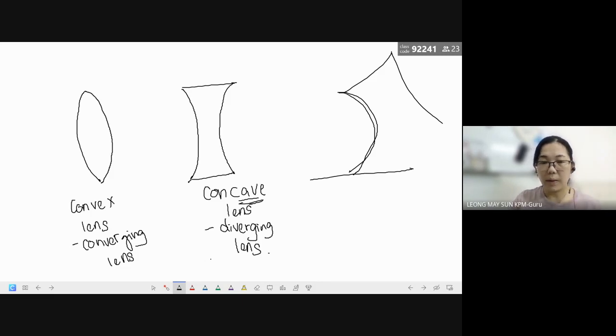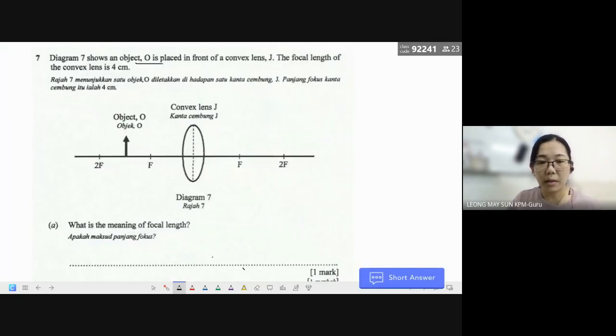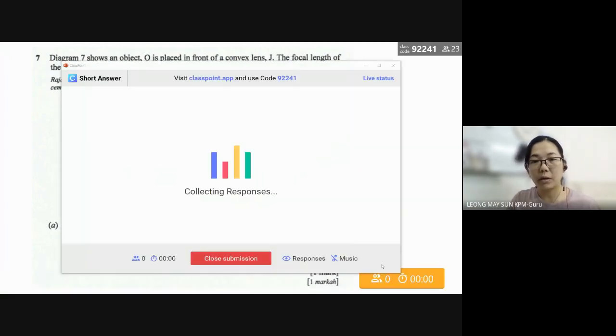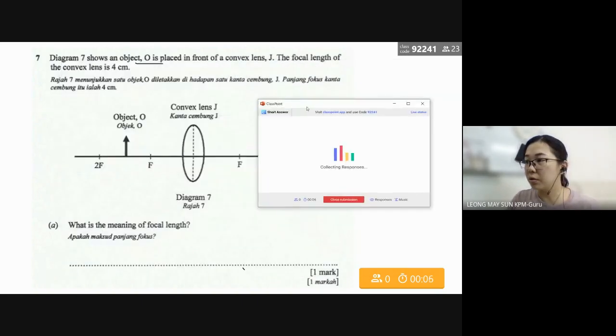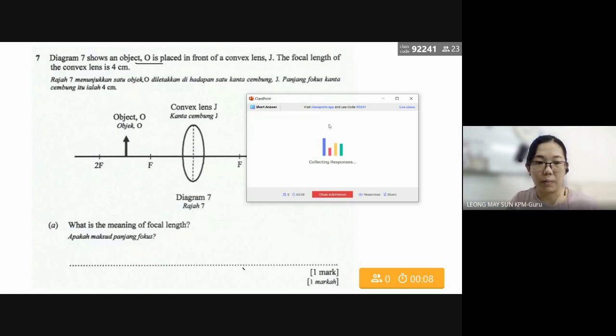Okay, so let's go back to the question. What is meant by focal length? Do refer to your book, do refer to your notes, and give me the answer. Because this is a short answer, I am closing the submission in 2 minutes.